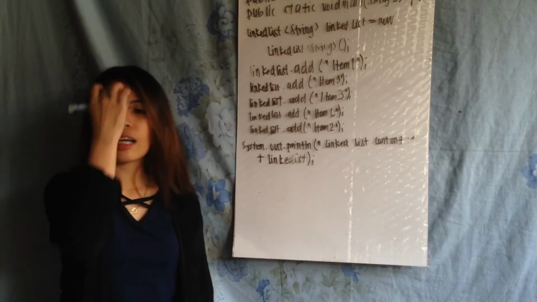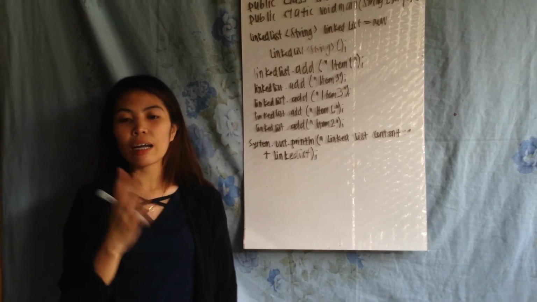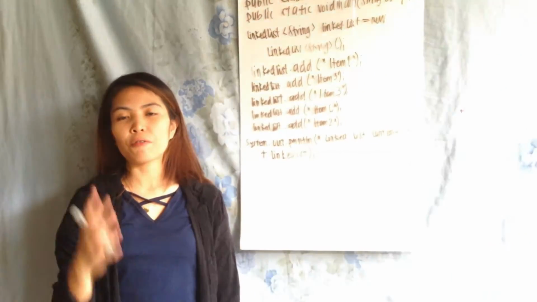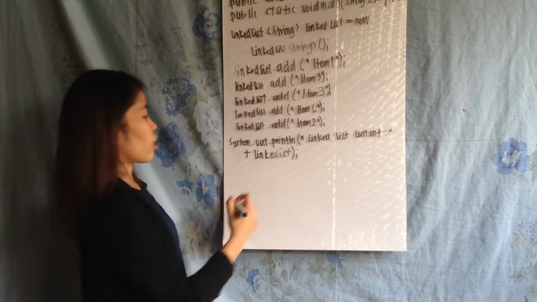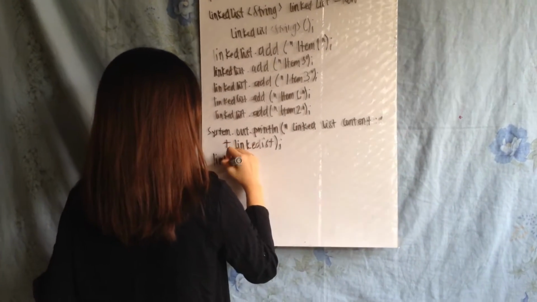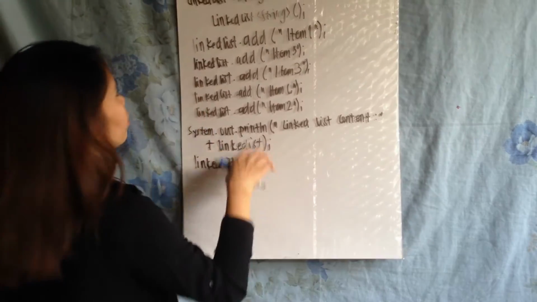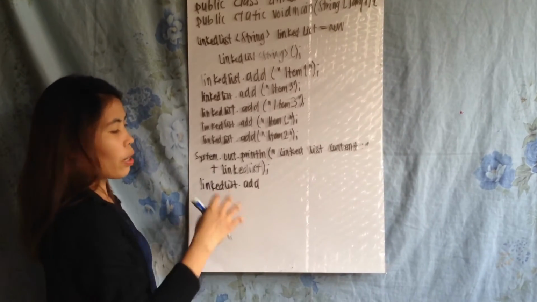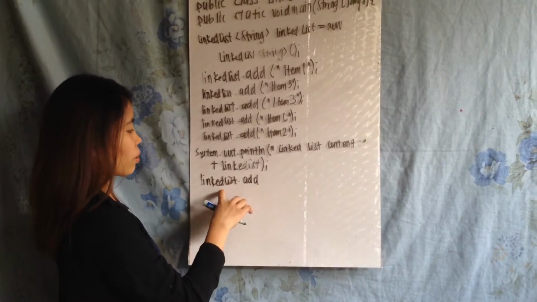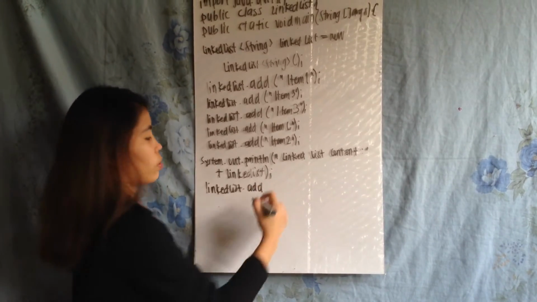So, para sa next part ng program natin, gagawin natin is mag-add tayo ng first and last element sa linked list natin. So, magiging ganito siya. Gagamitin natin ulit yung add, katulad dito kasi nag-add tayo ng mga elements. So, para makapag-add tayo ulit ng elements, gagamitin natin yung linkedList.add, tapos yung first.